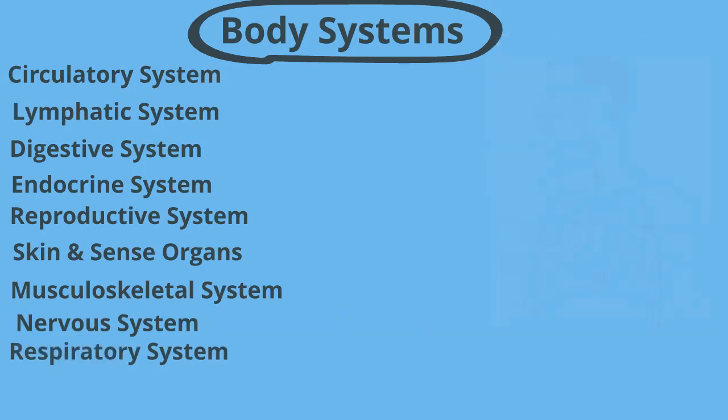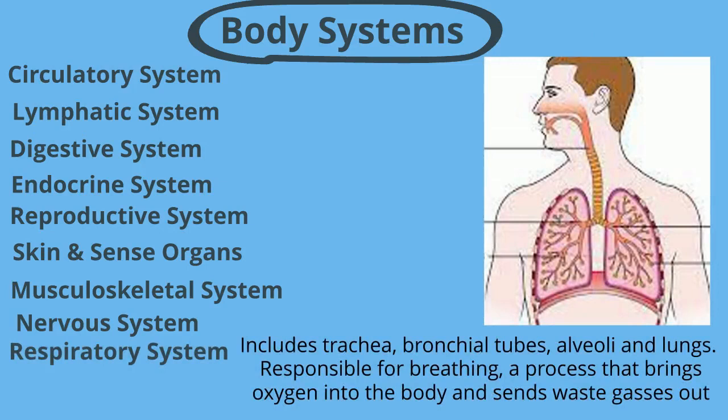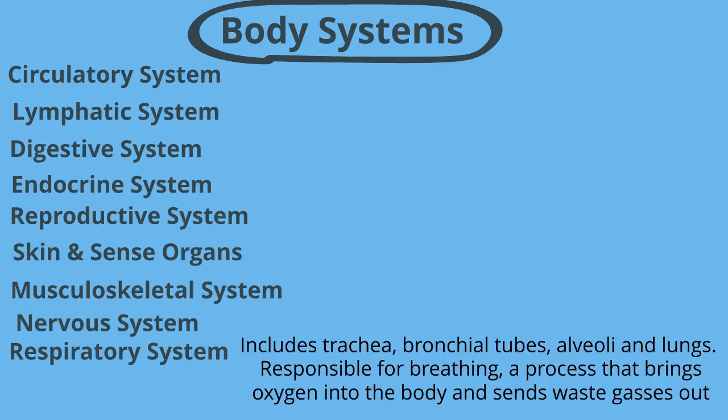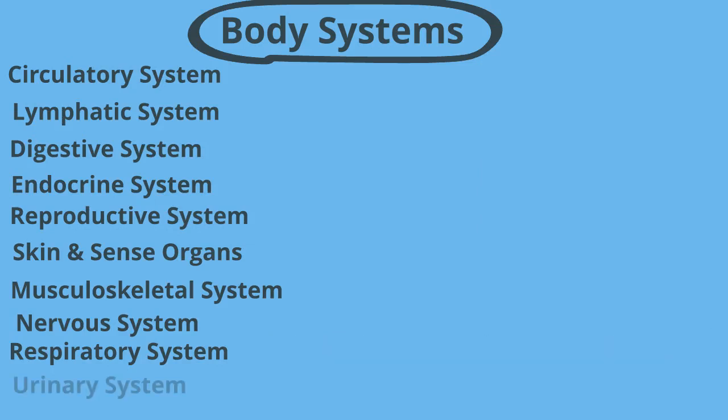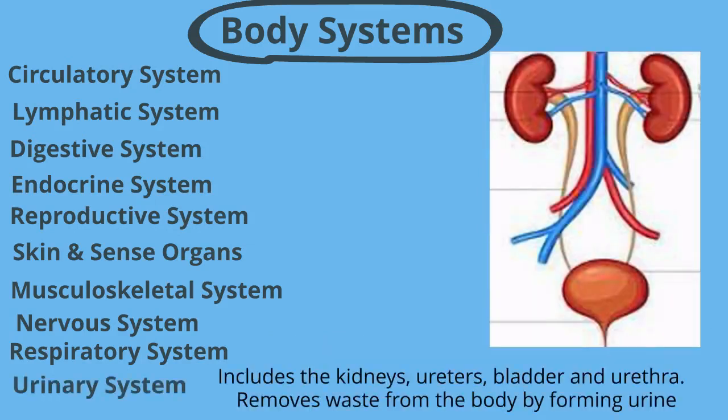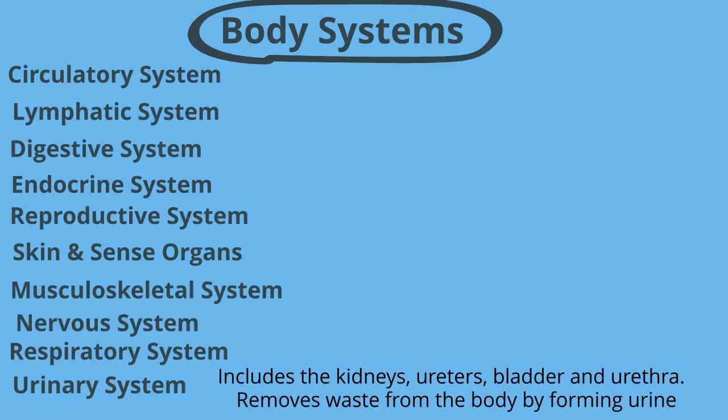The respiratory system includes the trachea, bronchial tubes, alveoli, and lungs. This system is responsible for breathing, a process that brings oxygen into the body and removes waste gases. Finally, the urinary system. It includes the kidneys, ureters, bladder, and urethra. It removes waste from the body by forming urine.